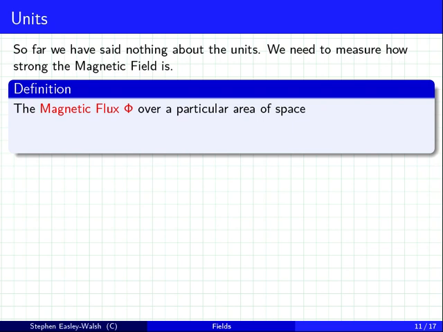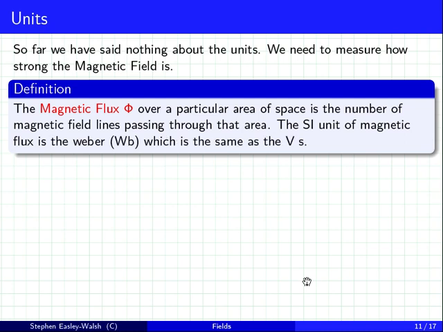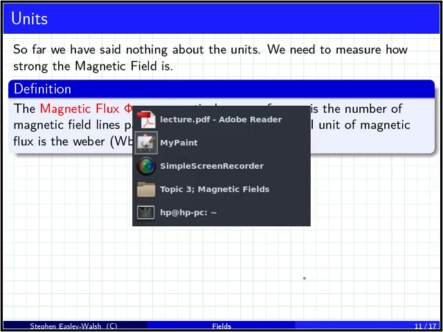The magnetic flux over a particular area of space is the number of magnetic field lines passing through that area. The SI unit of magnetic flux is called the Weber, which is the same as the volt second. Now before you write that down, I'll give you a quick picture.